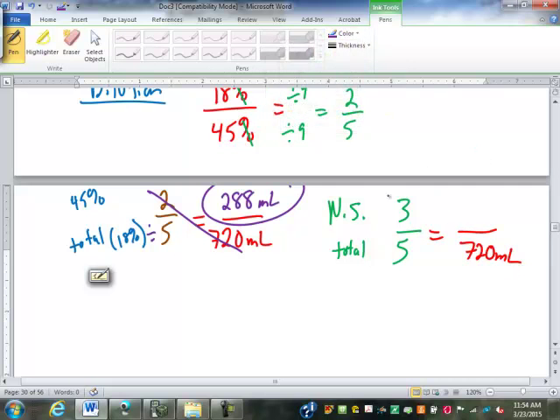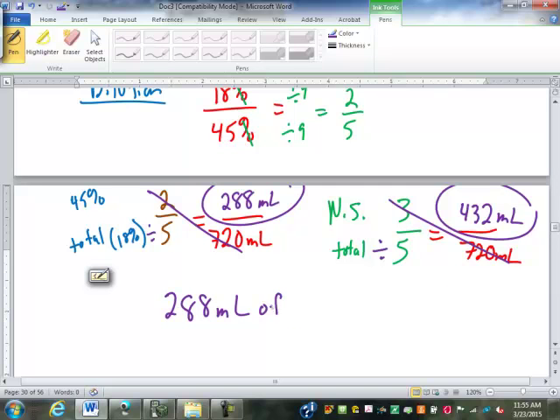And we will cross multiply. 3 times 720 divided by 5 is going to give us 432 milliliters. So to answer our question, it is 288 milliliters of the 45% solution and 432 milliliters of sterile water.